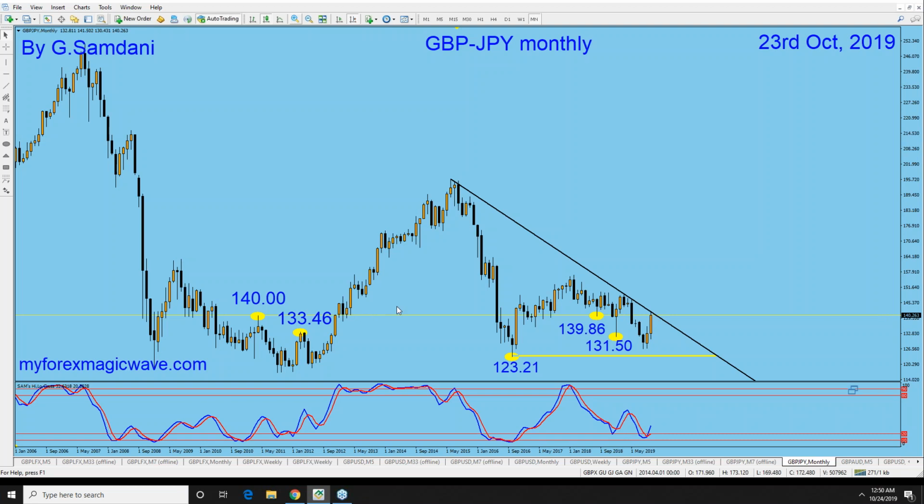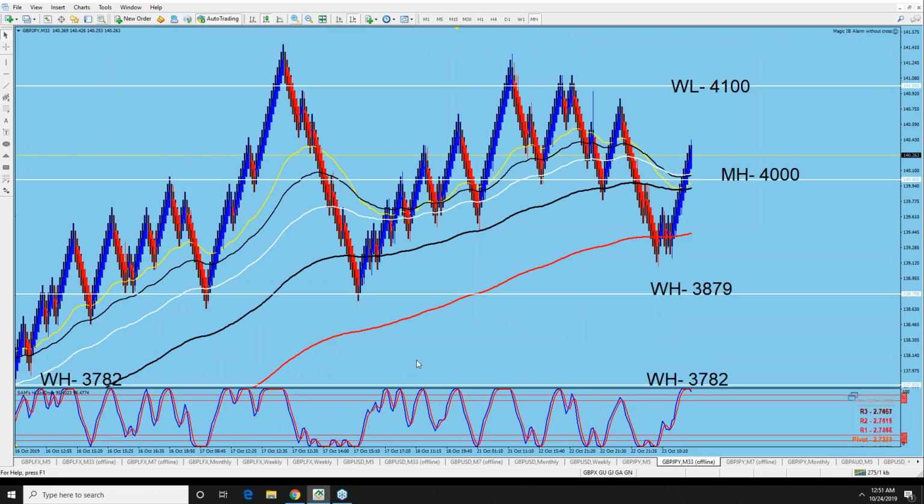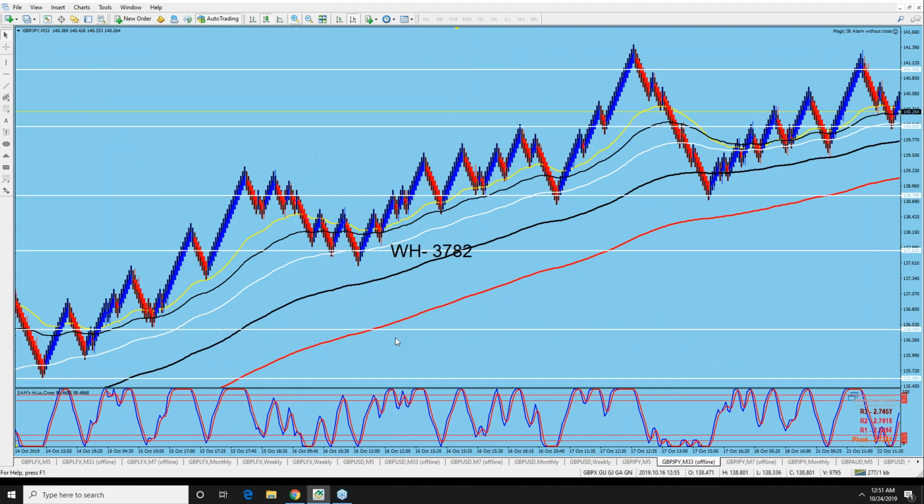Now, if the trend is going up, right, what are you going to do? Mostly you will be breaking the resistance and finding support on the levels. That means if the price is dropping on a 33-minute chart and the trend is up, right, let me move a little bit here.